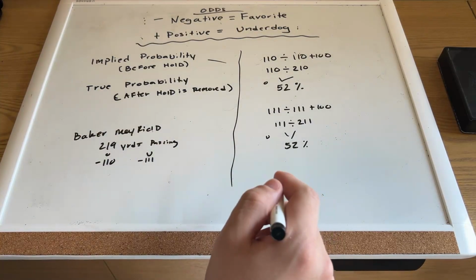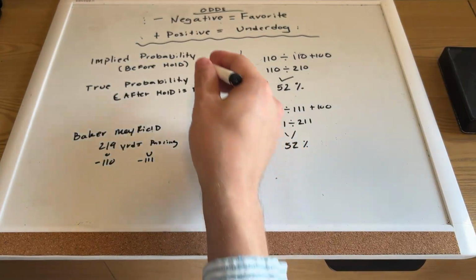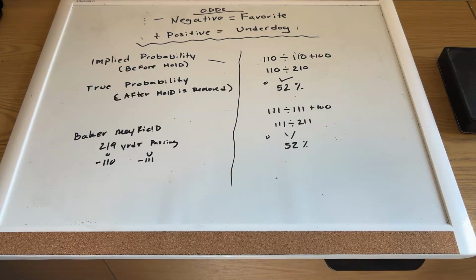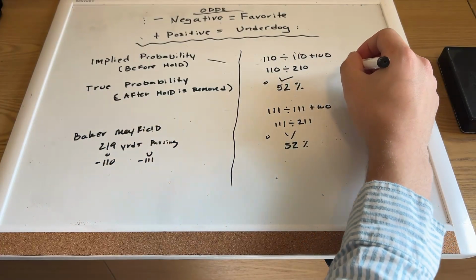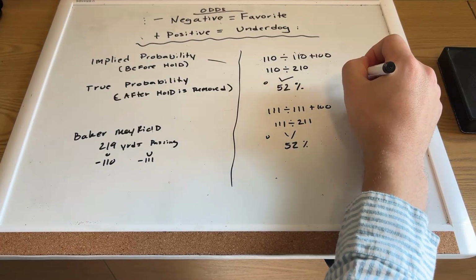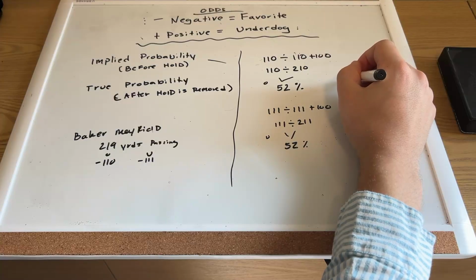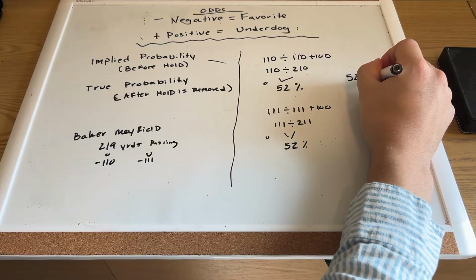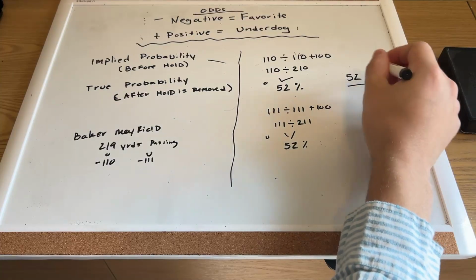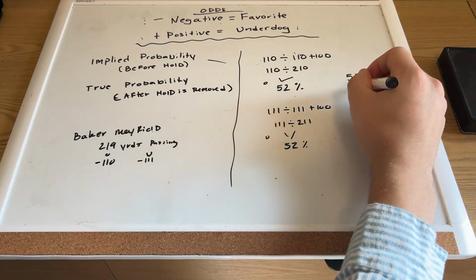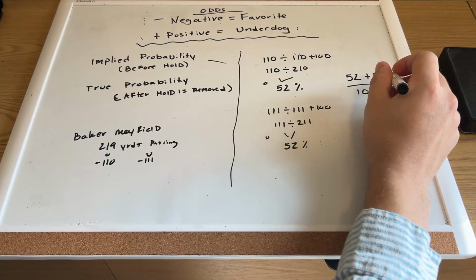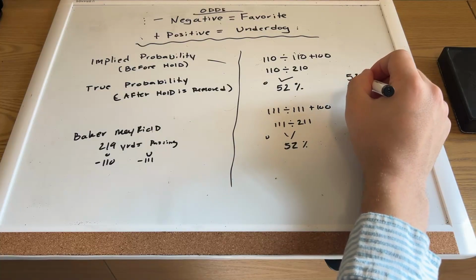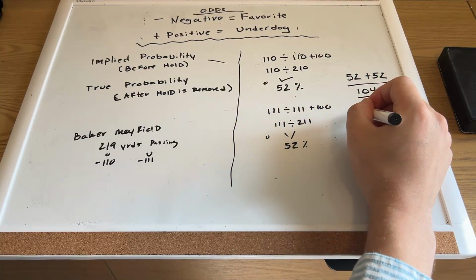So to find the true probability, now that we have the implied probability, what you're going to want to do is add up these percentages. So you have 52 plus 52, and what do you have here? 104%. Everything past 100 is the hold.